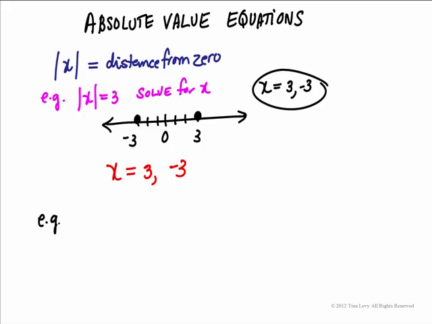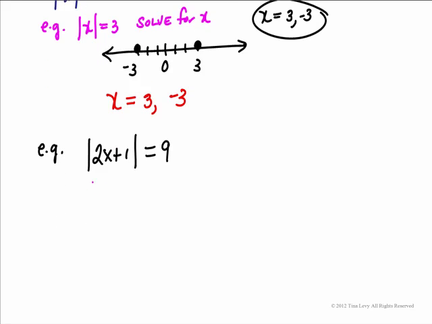As an example, suppose I say absolute value of 2x plus 1 is 9. So in this absolute value equation, to get an answer of 9, the inside is either equal to positive 9 or the inside is negative 9. So we're going to set up two equations from that.